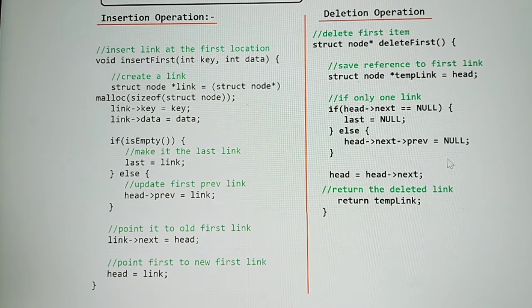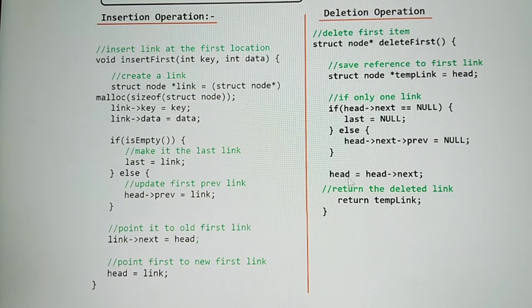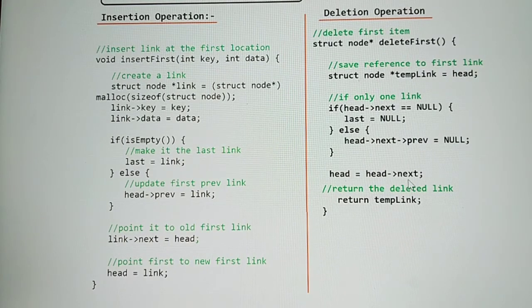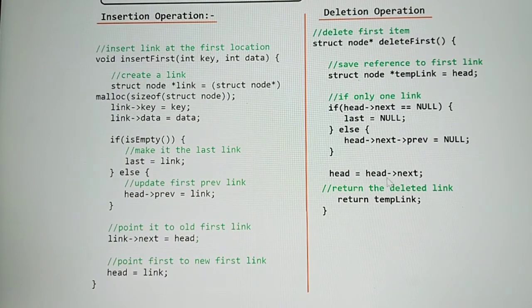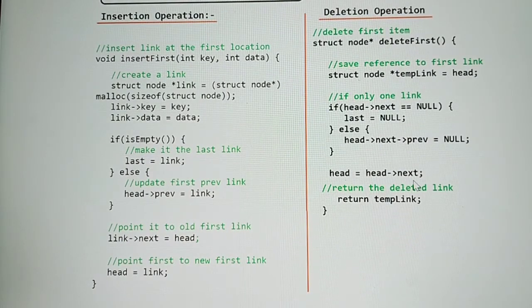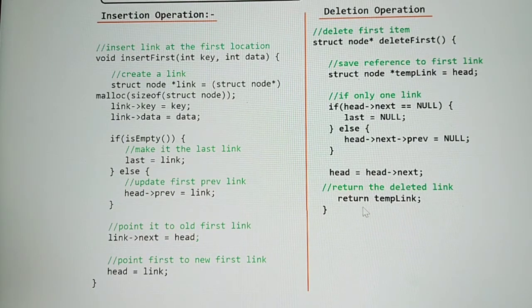And because we want to delete the first element, we write head equal to head next, because the first element also contains the location of the next data, and return temp link.